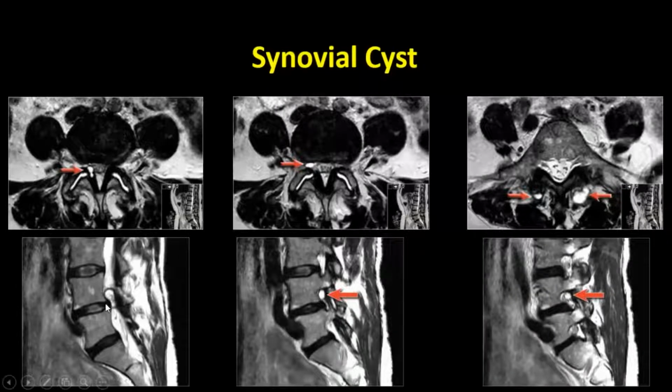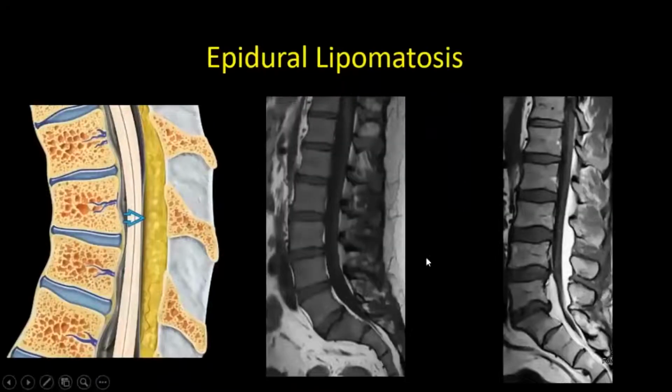Sometimes these synovial cysts can migrate into the neural foramina, and as you can see here, the cyst has gone into the exiting neural foramen, and you can't see the nerve separate to it moving around. You can now see that the nerve is being compressed and distorted around this synovial cyst.